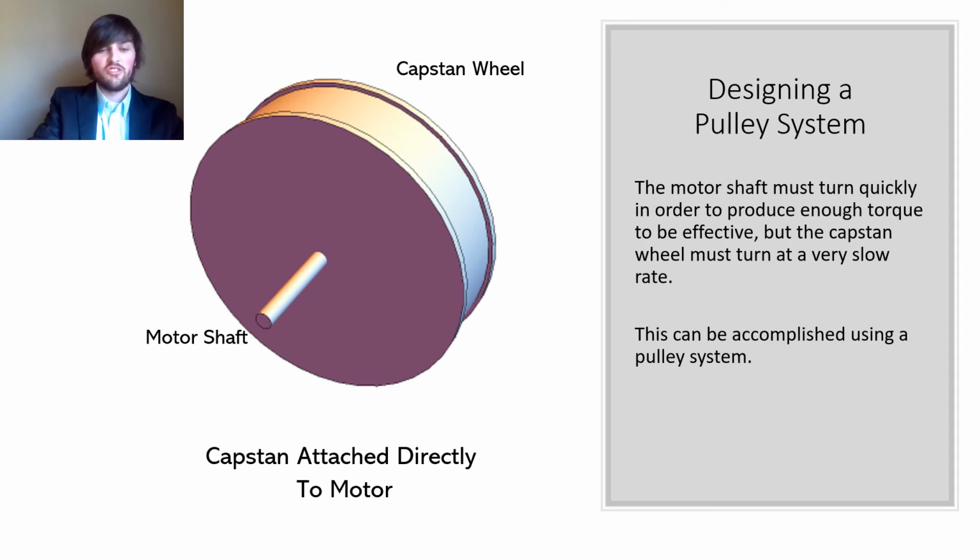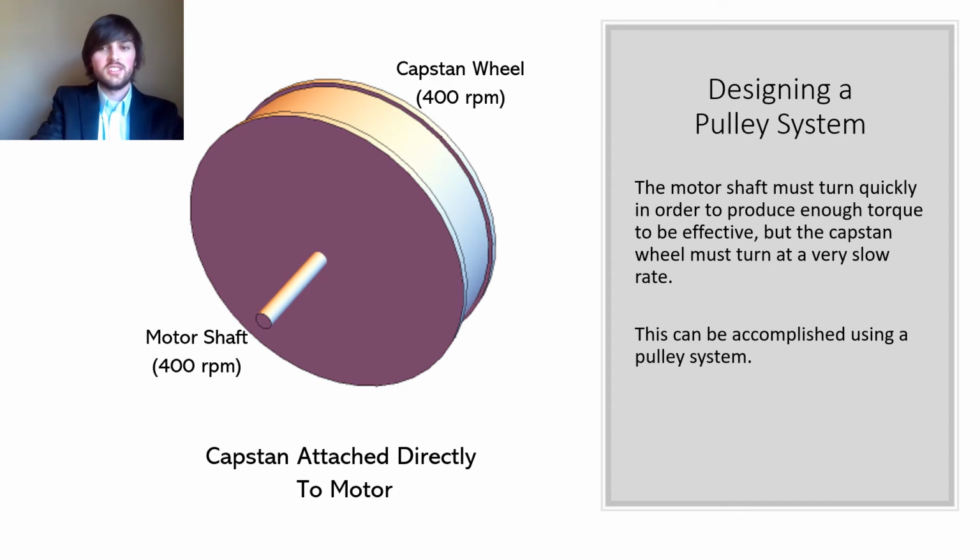We're looking at a factor of about 400 revolutions per minute of the motor shaft versus 2 RPMs for the capstan wheel. And you can see in this diagram on the left side that if directly attached to the capstan wheel, if the motor shaft turns at 400 revolutions per minute, then the capstan wheel will also turn at 400 RPMs, and that is impractical and won't work with the machine.